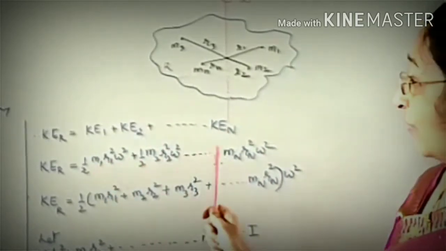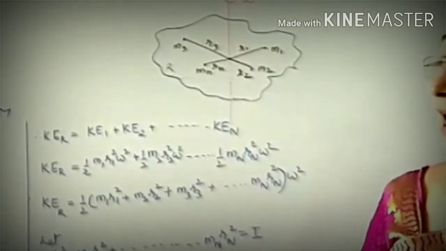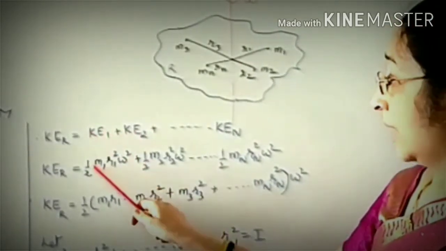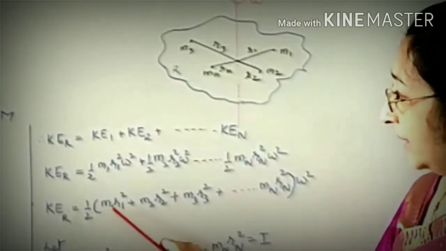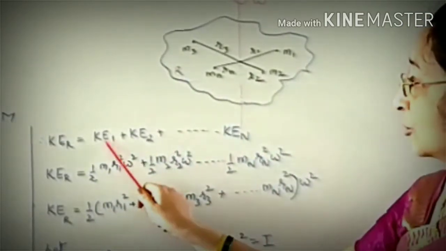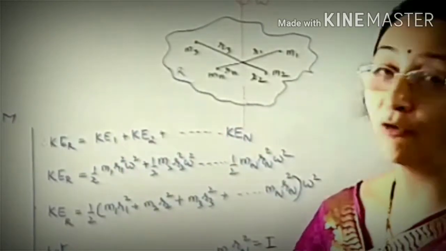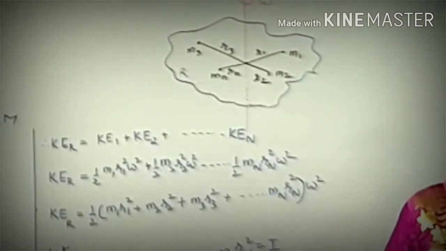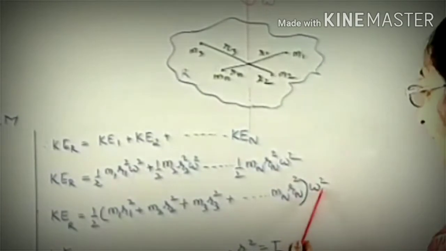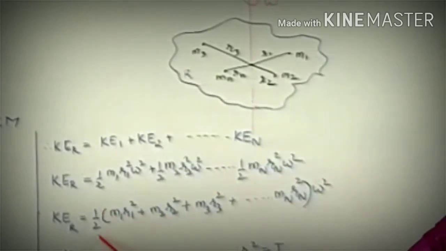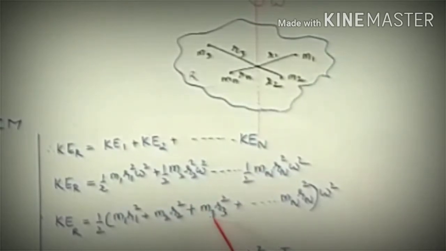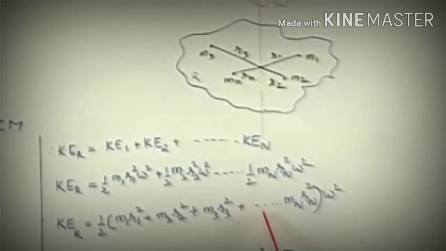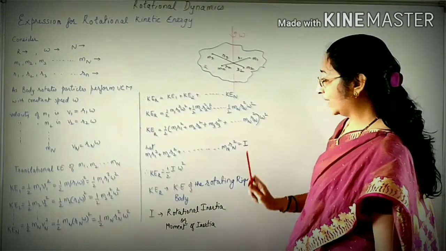Now we know that the term half is in every term, so we take half common, and omega square is also in every term from the first particle to the last particle, so we take omega square common. So we write half of m1 r1 square plus m2 r2 square plus m3 r3 square up to mn rn square, times omega square.